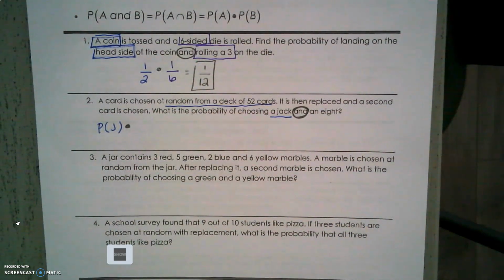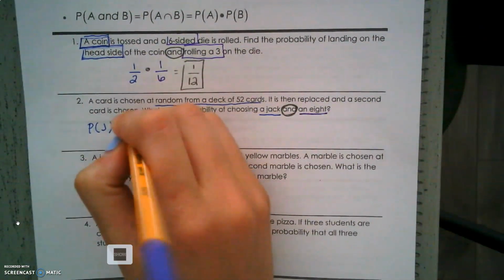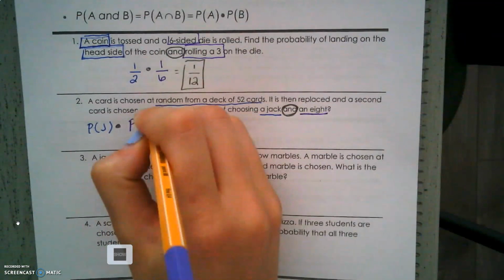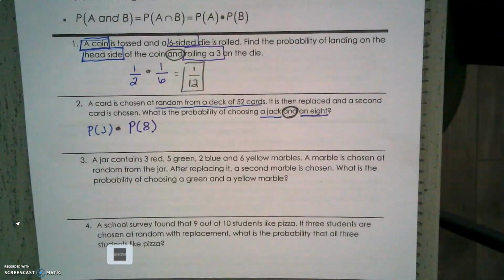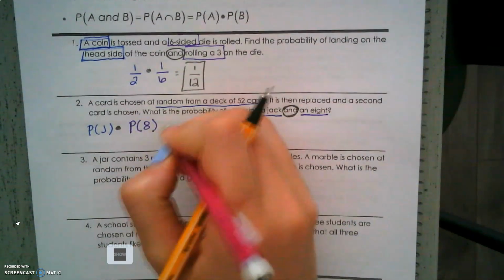And then it says we're still in a deck of 52 cards, and we're still choosing an 8. So I would say the probability of 8, and then I can write that out, right? So that's going to equal.